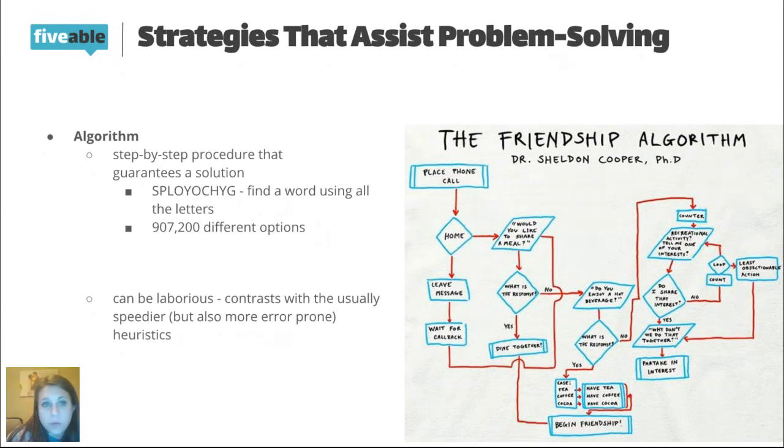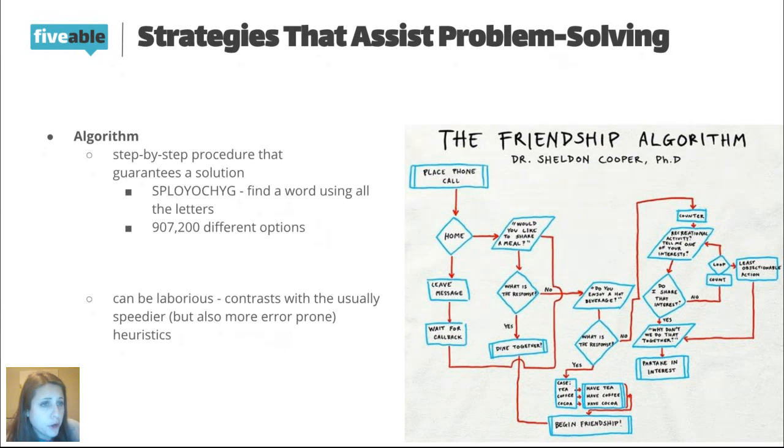Basically he wants to make a friend. And so he has an algorithm: first you place the phone call, then you ask this sort of question, and then based on the answer, move on to this question, and so on and so forth. And eventually you end up with friendship. If you're interested, you could always Google the friendship algorithm and watch it. It's like a 2 or 3 minute video clip, but it's another good example of algorithms.